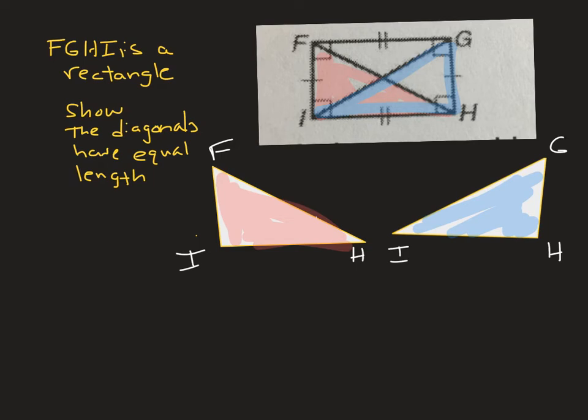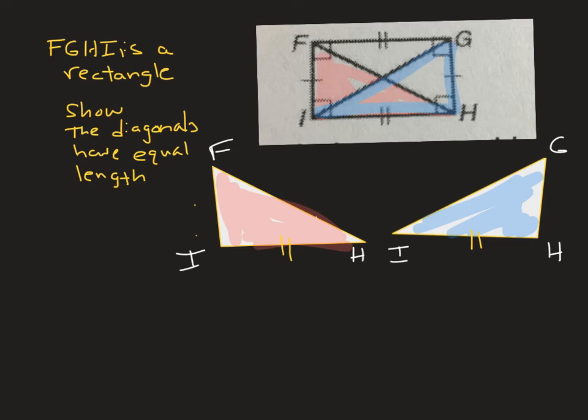So what do we know about these triangles right now? Well, I know that we have a congruent side on the bottom. So this has two tick marks on the bottom. It's the same side in both triangles. So that side IH will be congruent to side HI by the reflexive property of congruence because they're the same length.